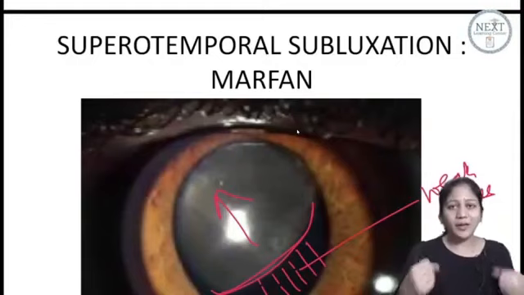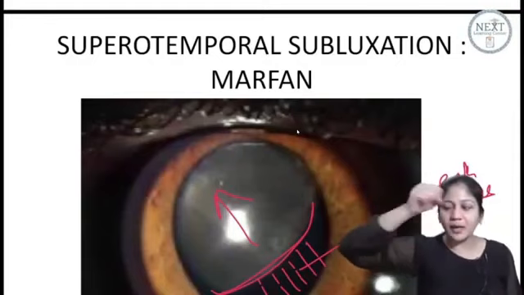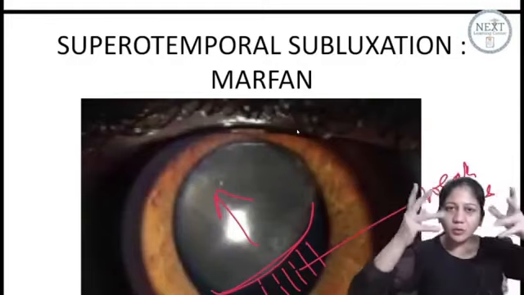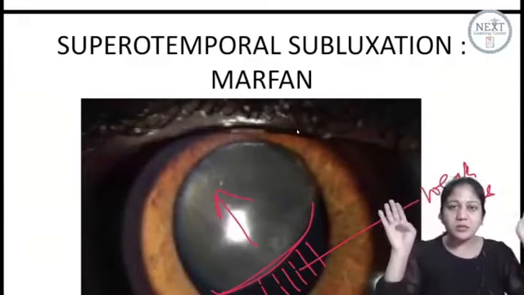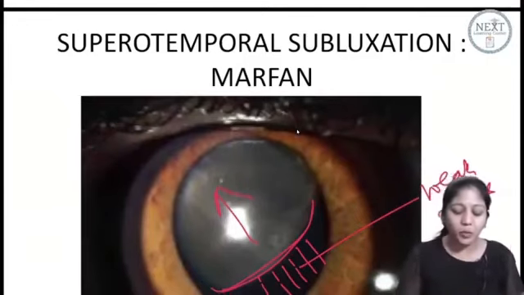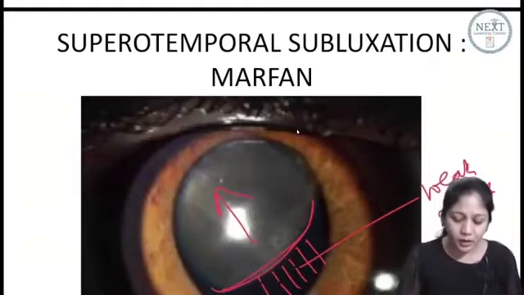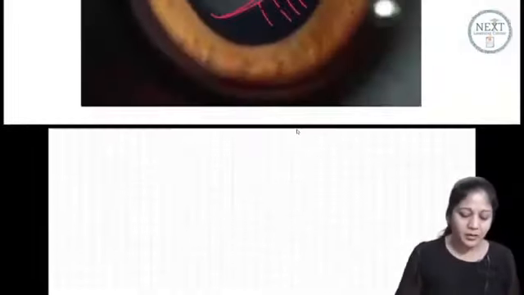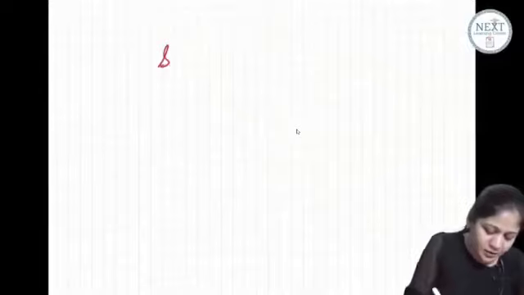So one cause is trauma. If you have trauma, the zonules get broken and then the lens goes up and out or anywhere. It's mainly because of trauma. But there are 4 conditions which you have to learn and mug up properly after understanding, because this question has been there in your exam many times. Please write down. So what is subluxation of lens?